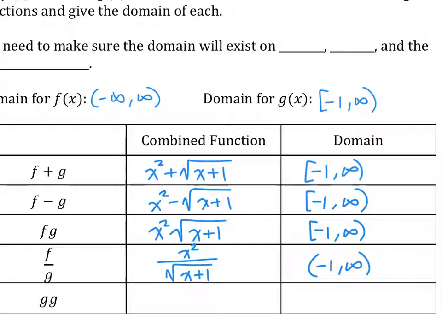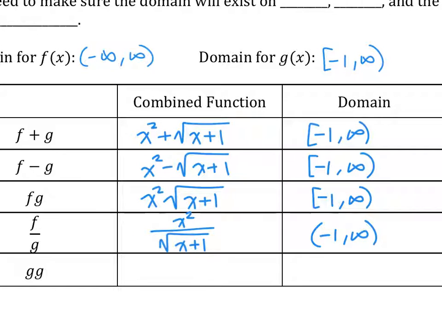Okay, next one, g times g. G times g is going to be x plus 1. So now what is the domain? All real numbers? Oh, no. It's still -1 to infinity. The reason being, you started with that.